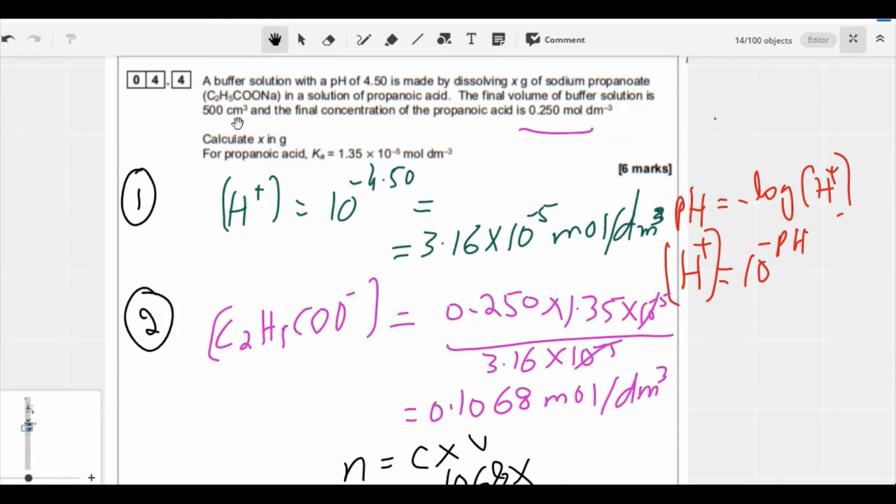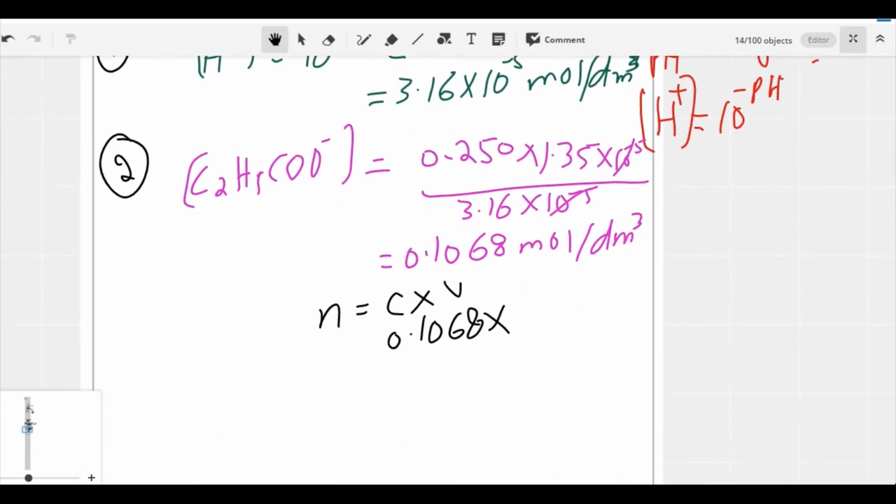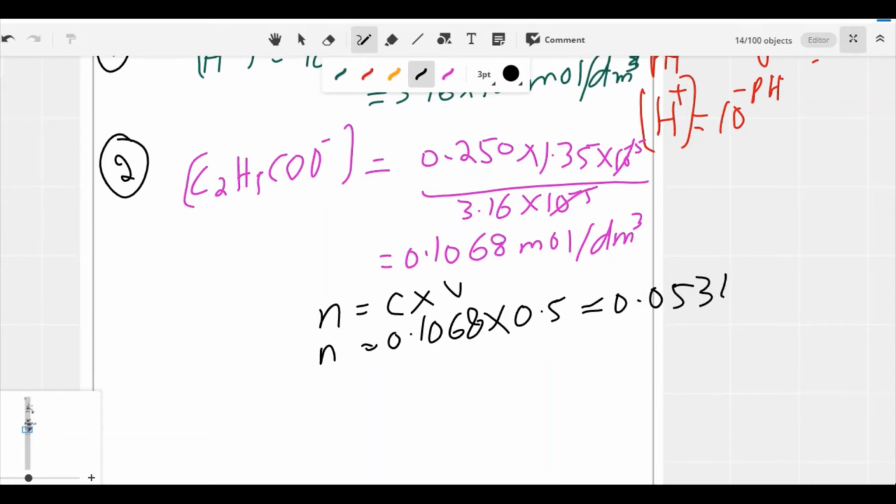We need to convert it into decimeter cube, that will equal 0.5. So here n will equal 0.0534. That is your third step.